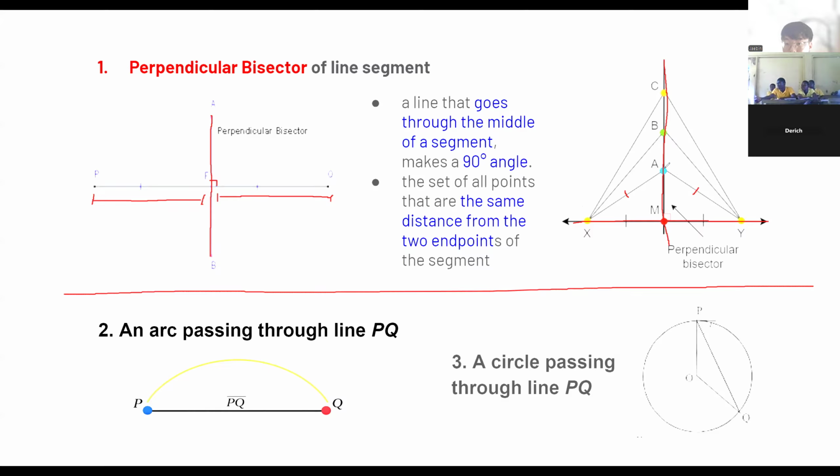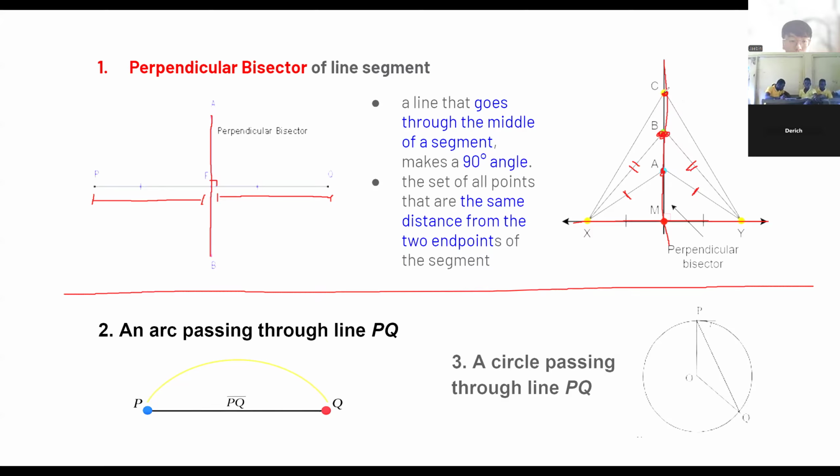So the point here has this distance from X equal to this distance from Y. Point B is also on the perpendicular bisector, so this distance is equal to this distance right here.